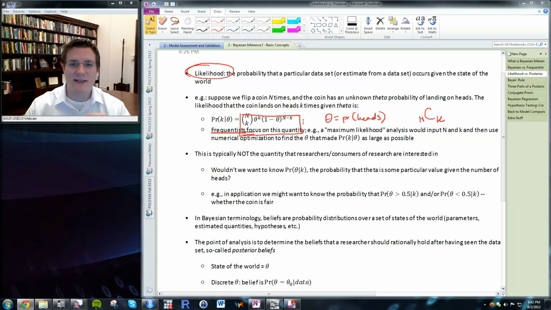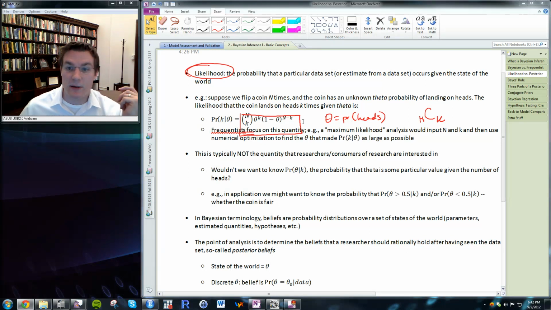So basically this just says I could see all of the heads for the first k flips, or I could see heads for the first k minus 1 flips, then I could see a tail, then I could see a head after that. There are lots of different orders in which I could see the heads and tails, and the binomial coefficient pre-multiplied here accounts for the fact that there are many possible ways I could have seen this set of events unfold. So you have to pre-multiply by the binomial coefficient in order to get the full probability that I saw these k heads.